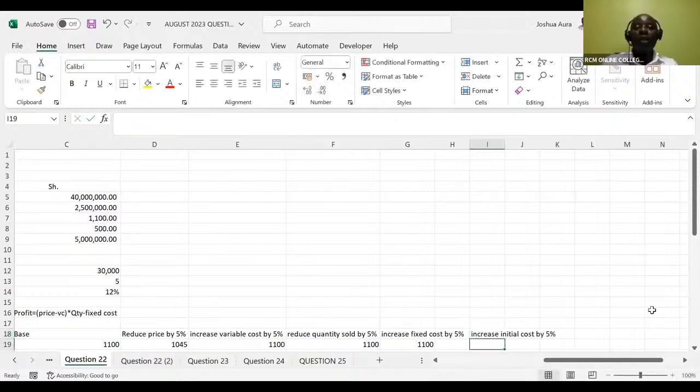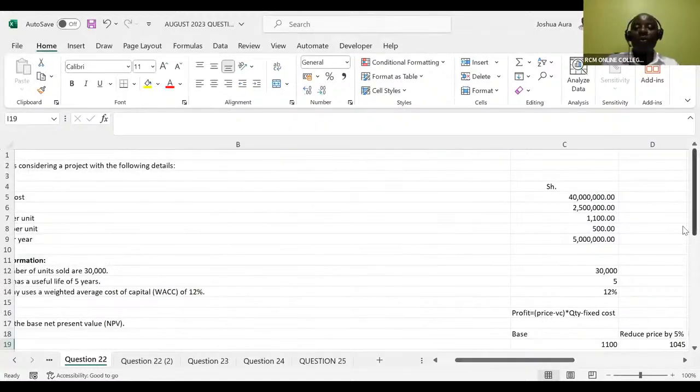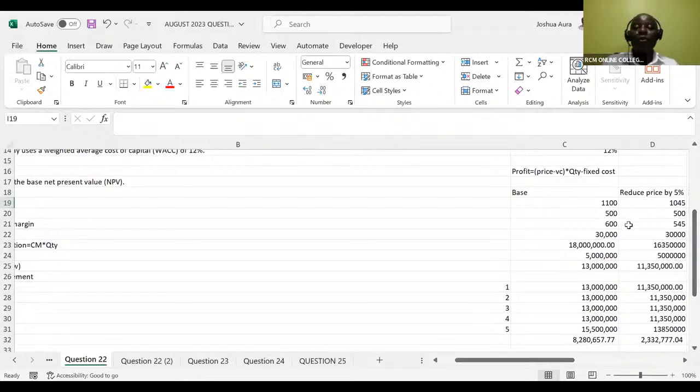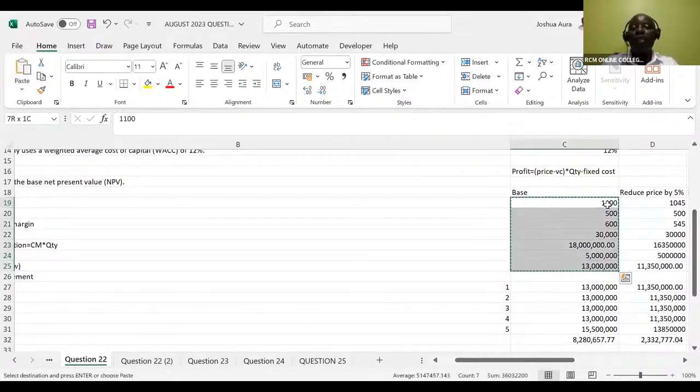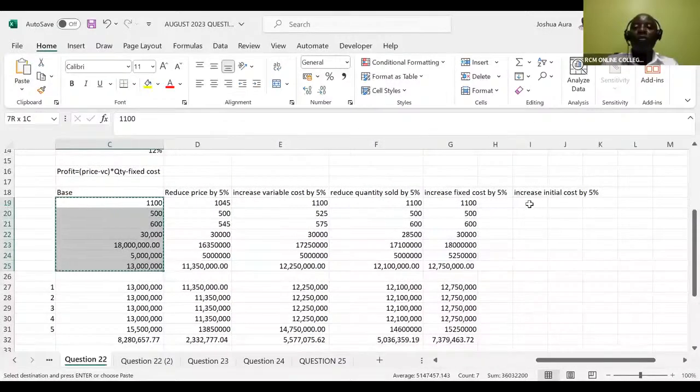So first of all, you copy. Go to the base and pick it, up to profit. So the base here. So control shift down arrow, control C to copy. Then you move back here to this initial cost. Put it here.